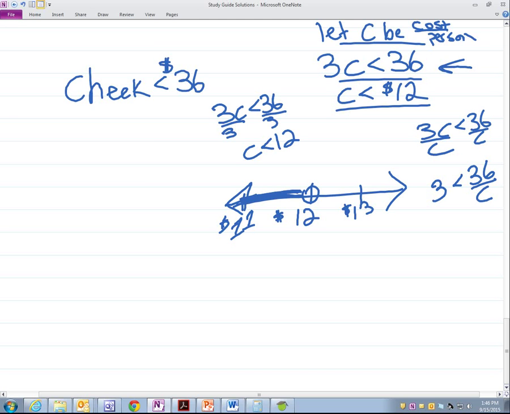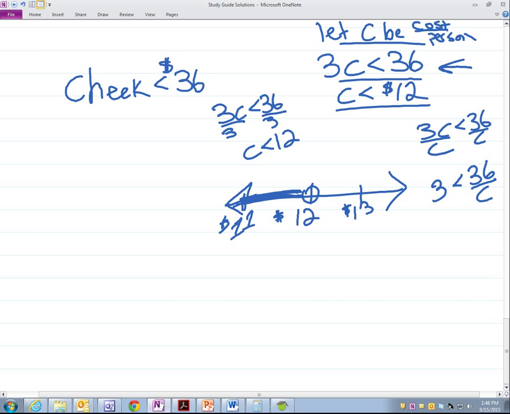So for number 48, you will have 4 times a number greater than 76. What is that number? You would let n be a number. Don't forget you have to identify the variable. Okay? Let n be a number. Simple as that. It's kind of telling you something of nothing.